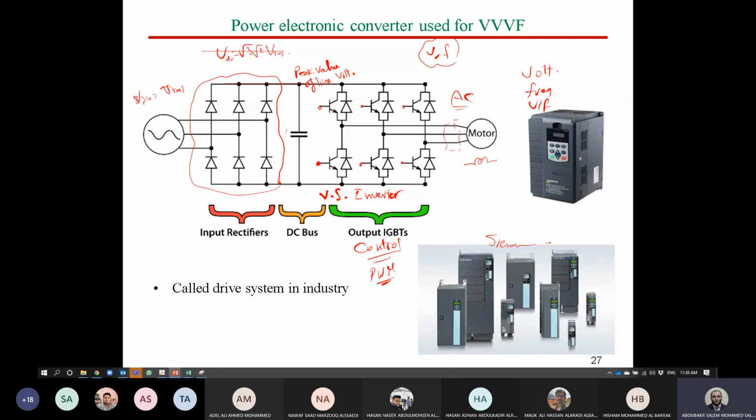Whatever the controller you are going to use, lots of controllers you can use. You have any kind of microcontrollers, any kind of microcomputers. You can use FPGA, you can use DSP, you can use dSPACE. Many digital controllers can be used.